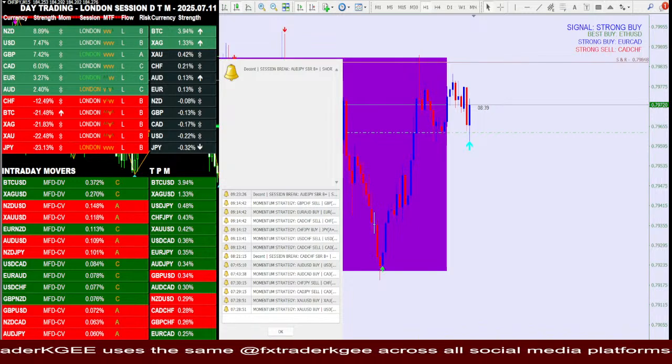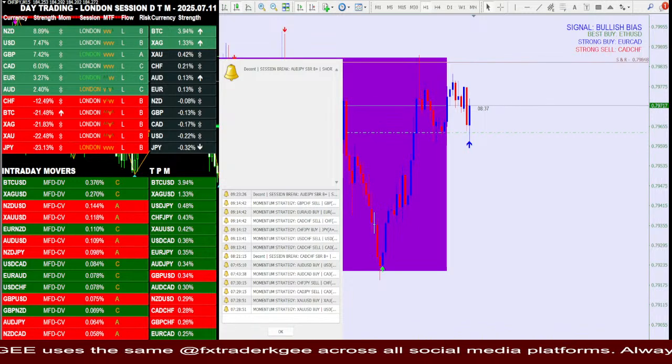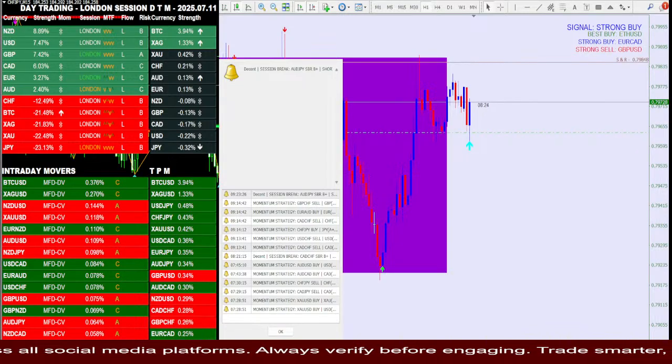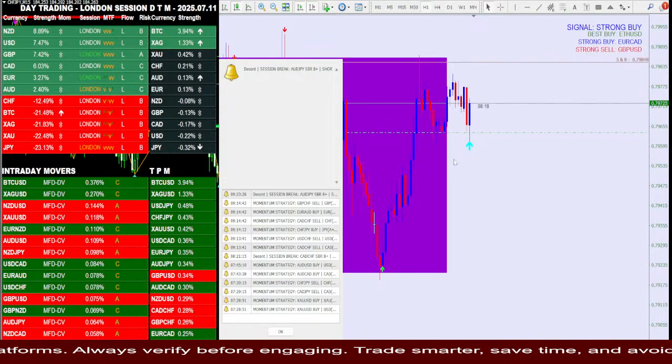Now we have this top and this bottom. This is good. This is the top, this is the bottom, the high and the low that I choose. This is actually a sell order, and this is a 1 hour time frame.